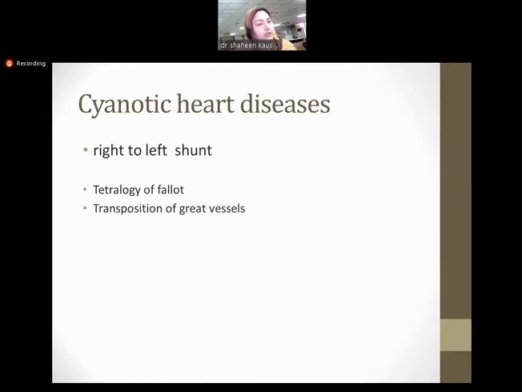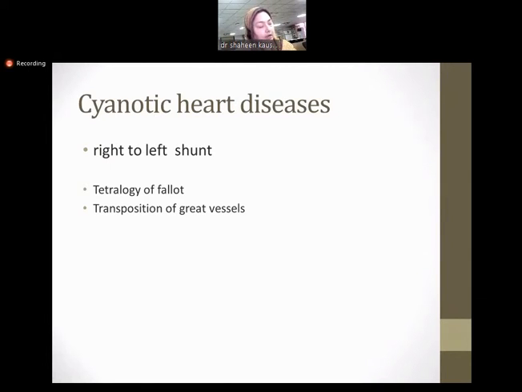Cyanotic heart diseases are right to left shunts. The blood which is on the right side, instead of going to the pulmonary circulation for oxygenation, is diverted to the left side systemic circulation. As there is no oxygenation process in the pulmonary vasculature, there is cyanosis.